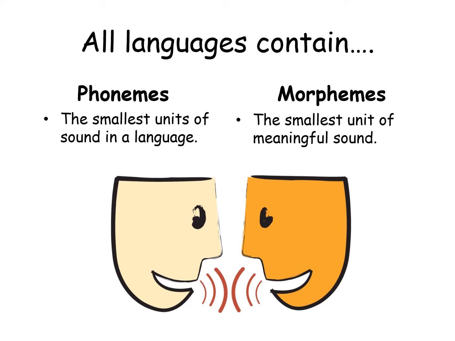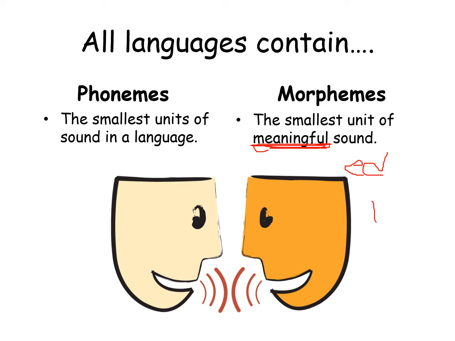So morphemes are, as it says, the smallest unit of meaningful sounds. These are small bits of our language that have some sort of meaning. So let's give some examples. Ed would be an example. You put this at the end of a word.